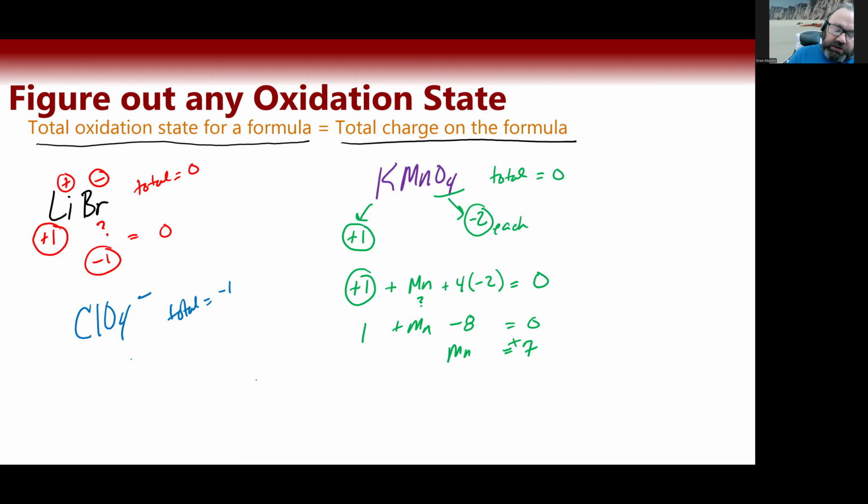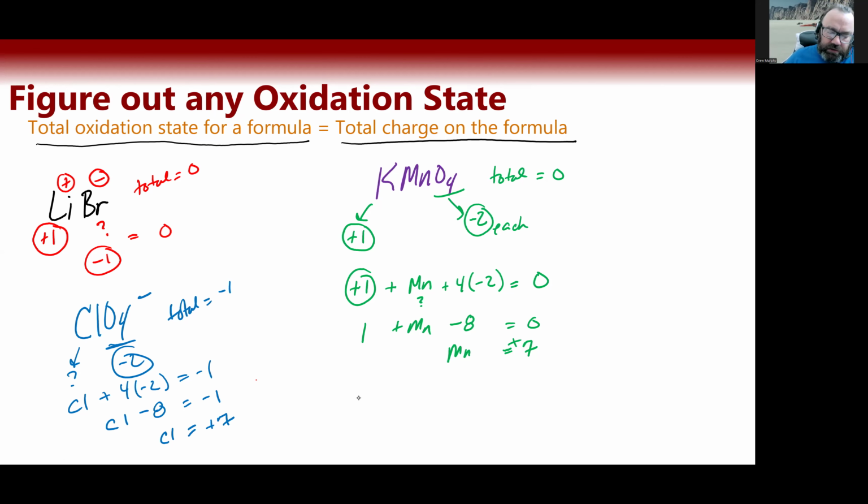Each oxygen is -2. I don't know what the chlorine is, but we have 4 times -2 plus whatever chlorine is has to equal -1. This is -8. So essentially we have chlorine minus 8 equals -1, so chlorine has to be +7. You see how we're teasing these out as we go.